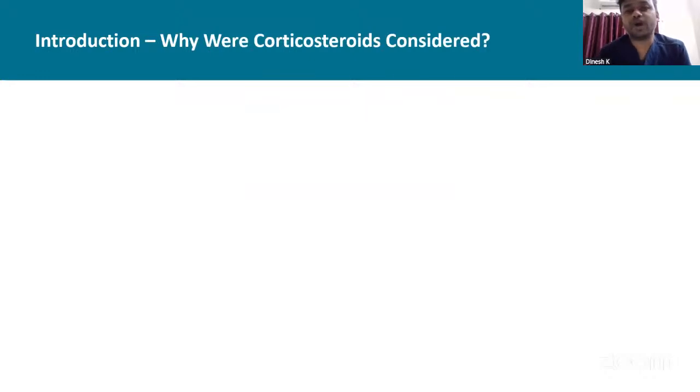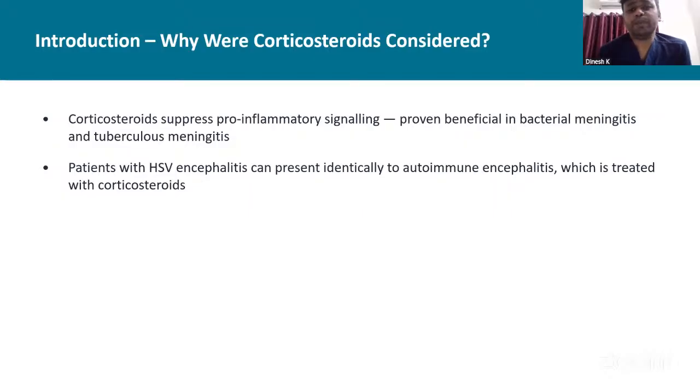And then, what is the role of corticosteroids? As we discussed, the pathophysiology is based on the inflammatory response, and we are aware that steroids are a proven treatment in TB and bacterial meningitis. So people thought, why can't we use steroids for HSV encephalitis, since the pathophysiology is also related to the high inflammatory state.